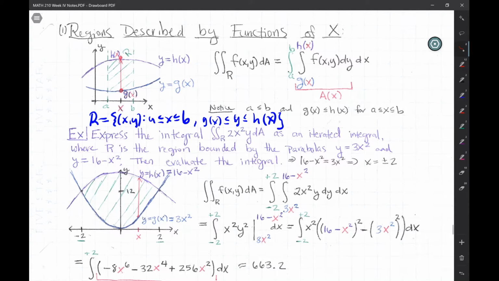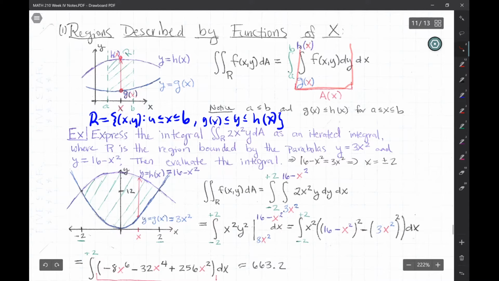Wherever we fixed x, we're going to integrate y from this point here up to this point here. And that's going to depend on where you fixed x. If you fixed x down here, you're going to get different bounds than along the red line. But in general, for any x that we choose, we integrate y from g of that x we fixed at to h of that x we fixed at.